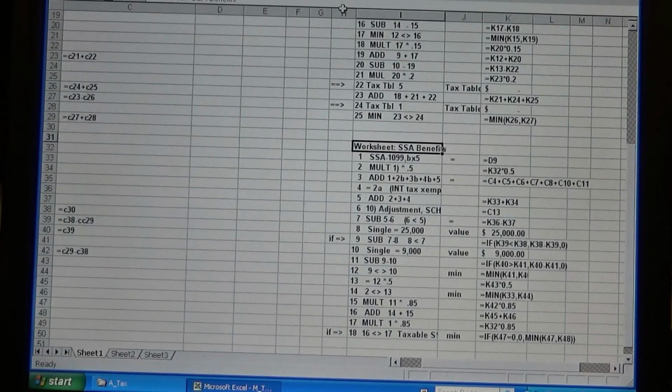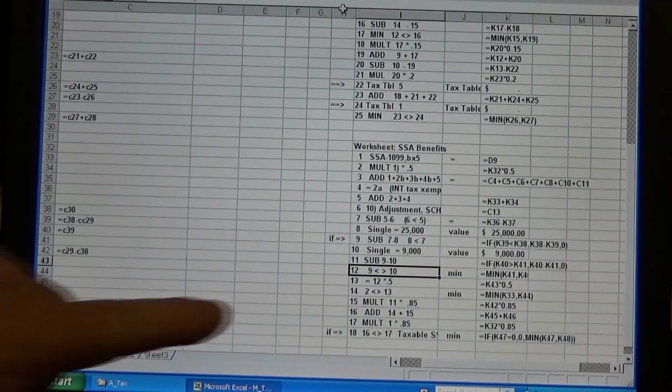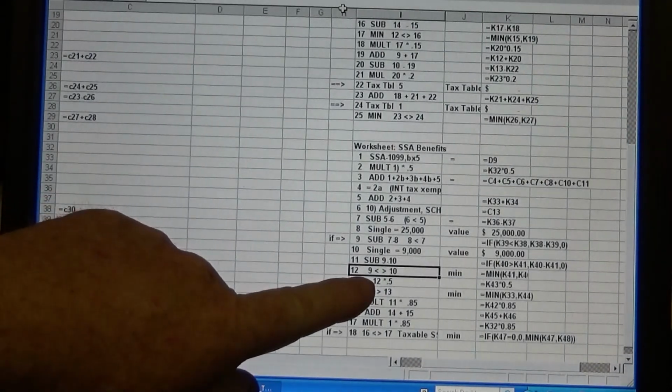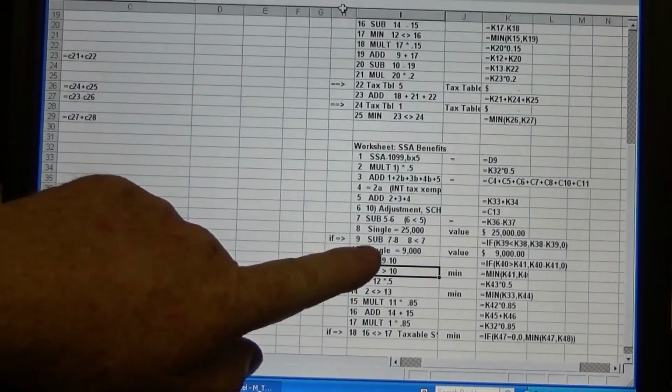And the thing that got me to where I could do a spreadsheet is I was browsing around YouTube, and there were contributors who demonstrated different functions and formulas you could do, and one of them was the minimum. And what the minimum is doing is asking for the smaller of two values that you name, line 9 and line 10.